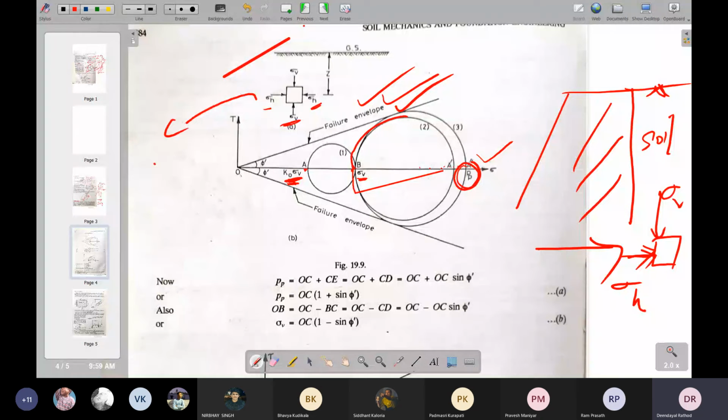So this is maximum. The same thing is drawn here.